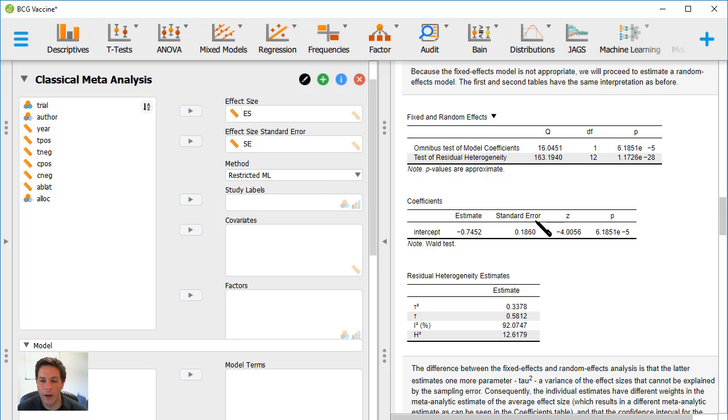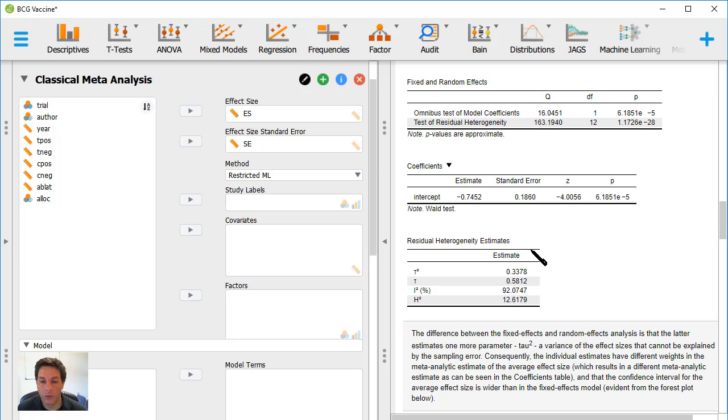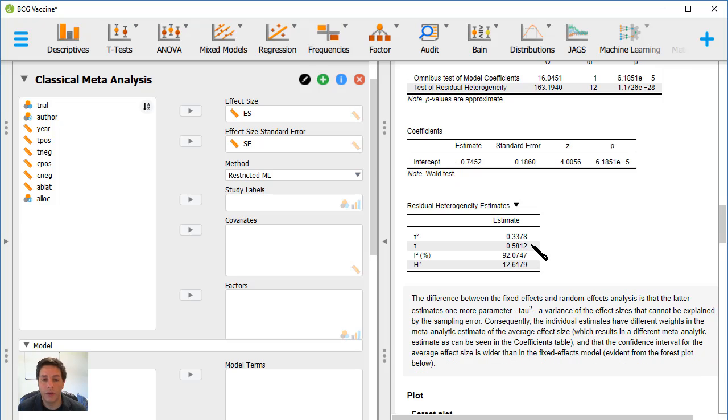Okay, so now what we get is not only the estimate of the effect size, that is now negative 0.7452, but we also have an estimate of something called tau, or tau square, that is an estimate of the variability that we observe in the effect sizes. So we've got effect sizes of different size, and so they vary. That's the variability.